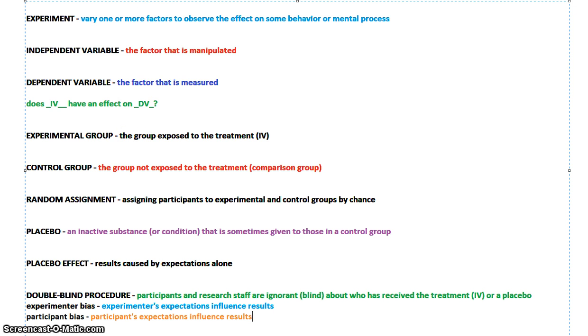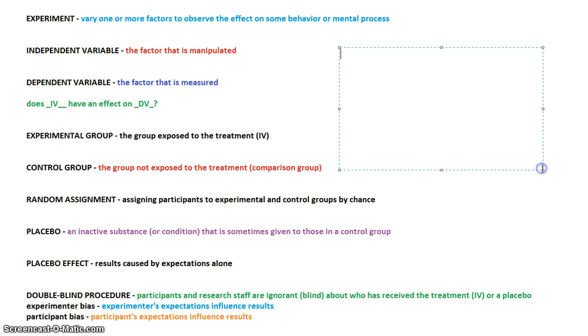So here's another example of an experiment, see if you can figure out what is going on here. I have an experiment where I want to see if running 30 minutes a day is going to improve cardiovascular health as compared to not working out, not running.